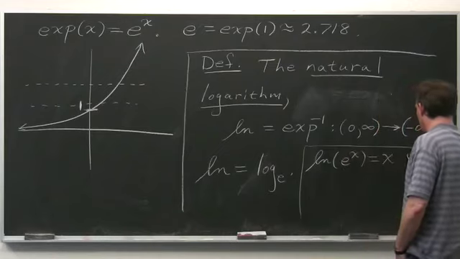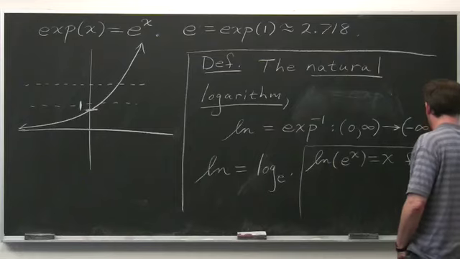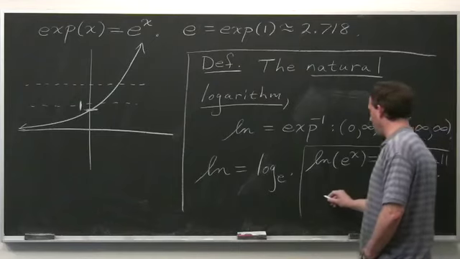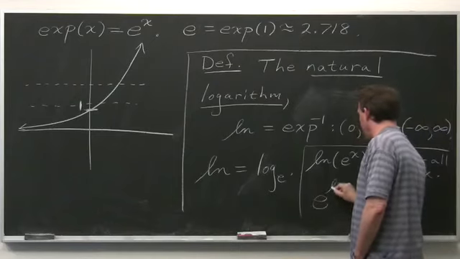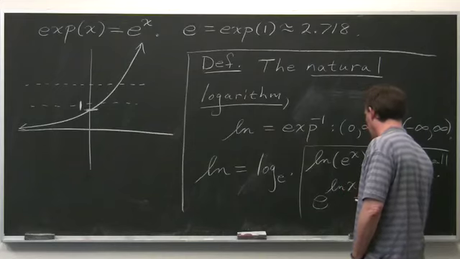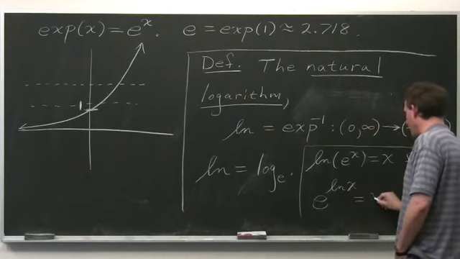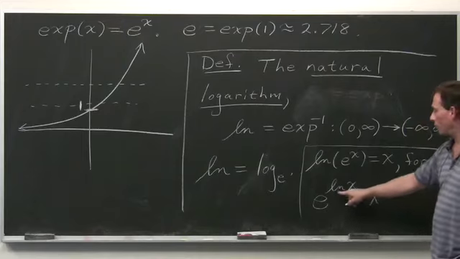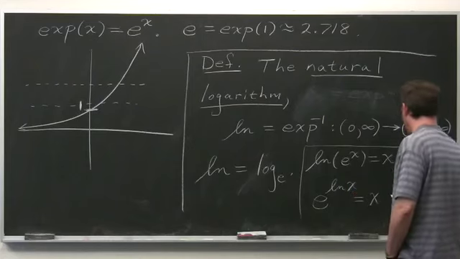This is for all x, for all real numbers x. And e to the ln of x equals x for all x's that this makes sense for, so for all positive x's.